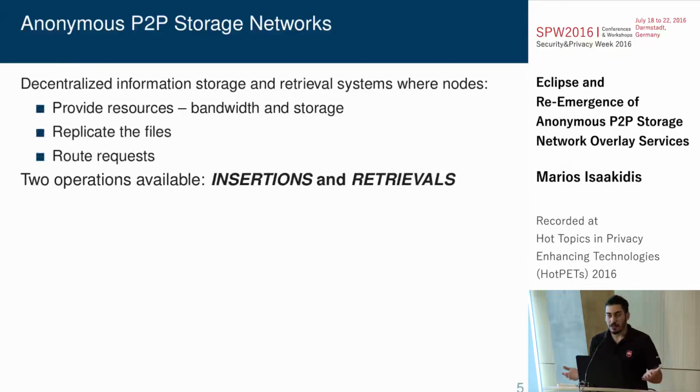Anonymous peer-to-peer storage networks first appeared some 15, 16 years ago, in the early 2000s, with Free Haven, Dossier Store, Freenet, and Publius being some of them. As the name suggests, they are decentralized information storage and retrieval systems where nodes first of all provide the infrastructure, resources in terms of bandwidth and storage, so that we can have the service up and running.